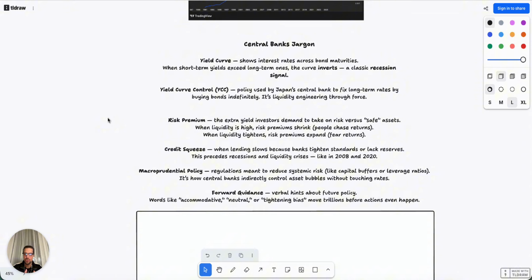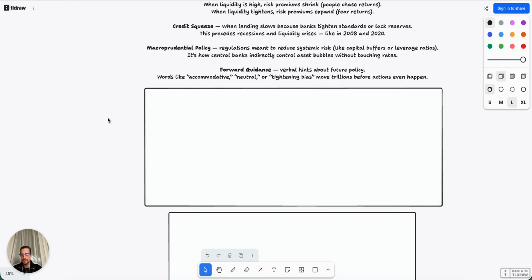It is how central banks indirectly control asset bubbles without touching the actual rates. Okay? They have all the tools possible, everything we can imagine, they have a tool for it. So, forward guidance is a verbal hint about future policy. Words like accommodative, neutral, or tightening bias move trillions before action even happens. Okay, so you have to read behind the lines.